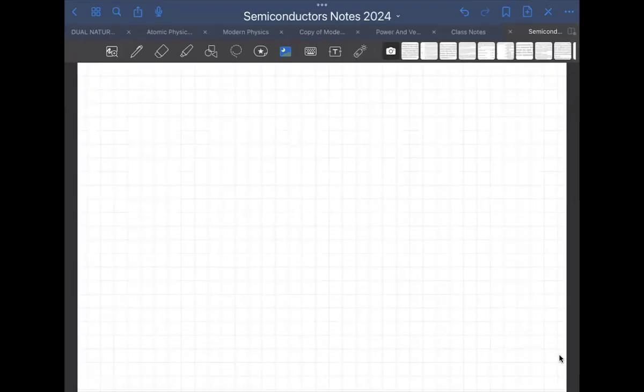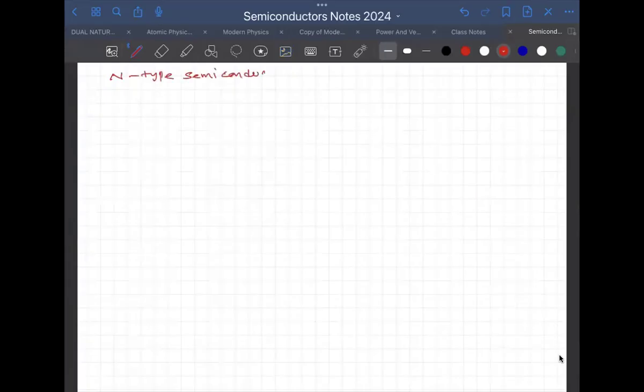Now we will learn properly each part. N-type semiconductor. What exactly is an N-type semiconductor? See, remember, what is an N-type semiconductor?